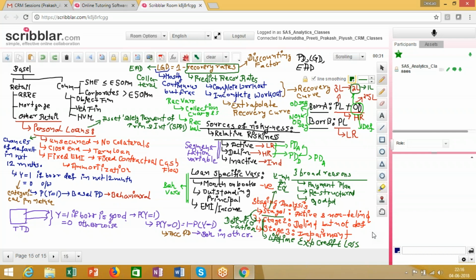If your borrower is in stage 1, that is, a non-delinquent and active borrower, then for those accounts we compute the next 12 months expected credit loss. On the other hand, for stage 2 and stage 3 under IFRS 9, there is a new lifetime expected credit loss measure coming in.